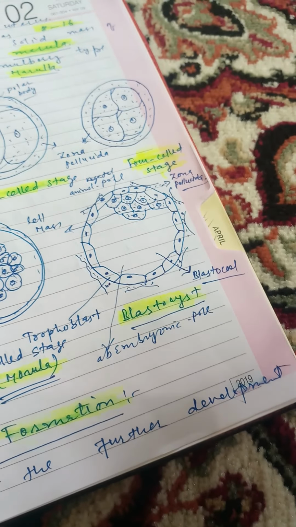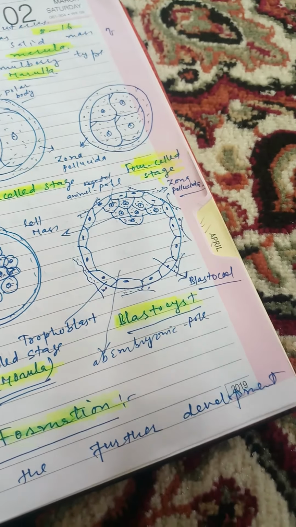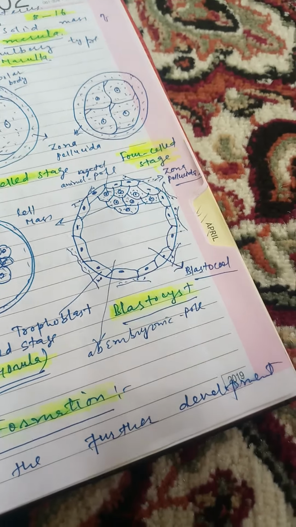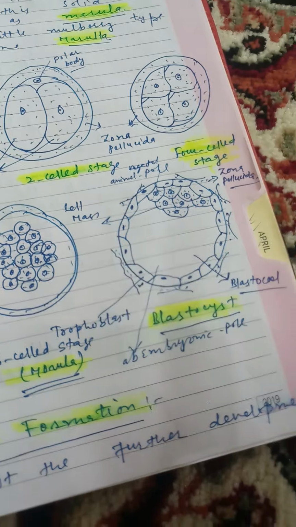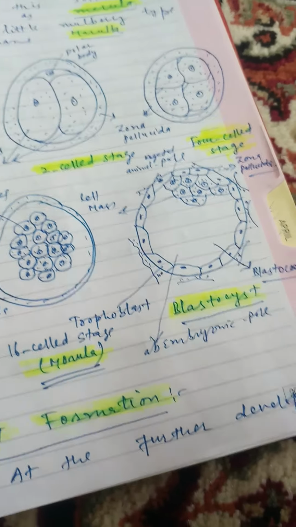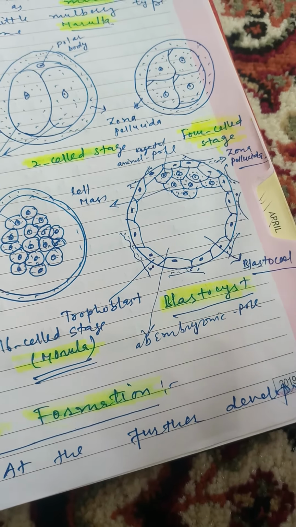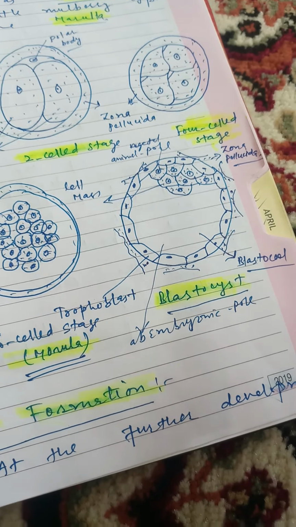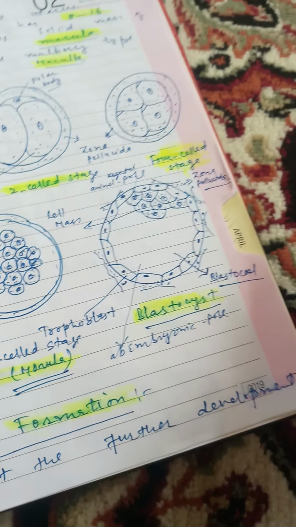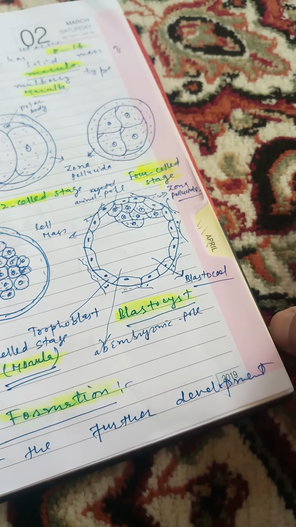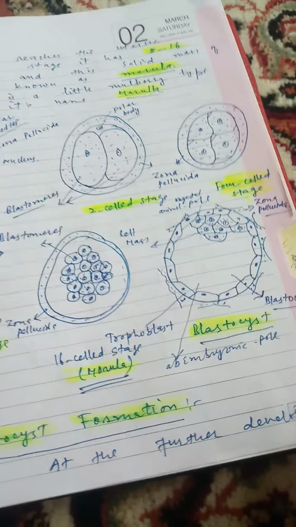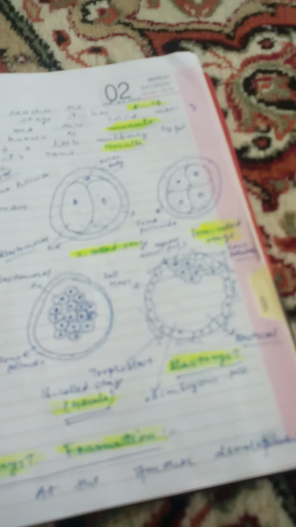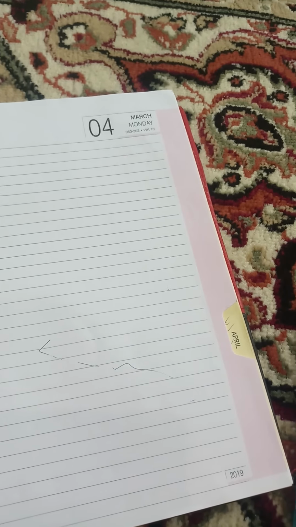But here I may tell you that it is simply a junction, a bridge, a connection between the developing fetus and the mother, from where the developing fetus gets its materials and food from the mother. So this trophoblast cell lining is very important. Besides providing nutrition to the developing fetus, it also helps in the formation of amnion, chorion, and placenta.